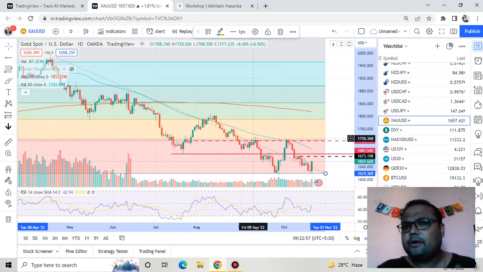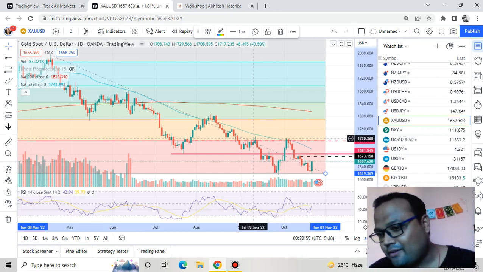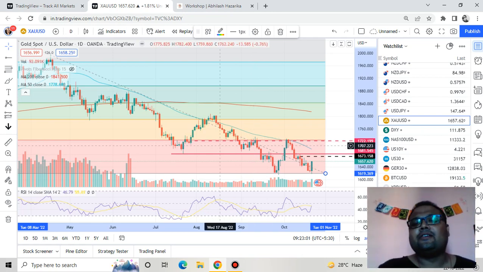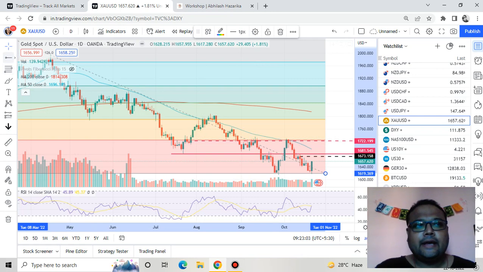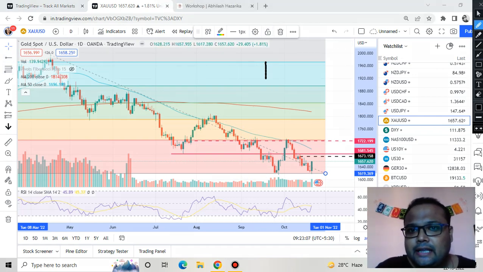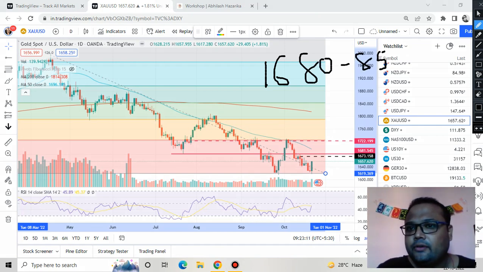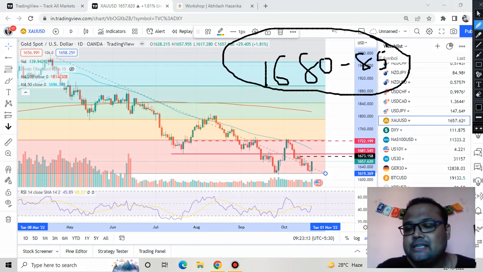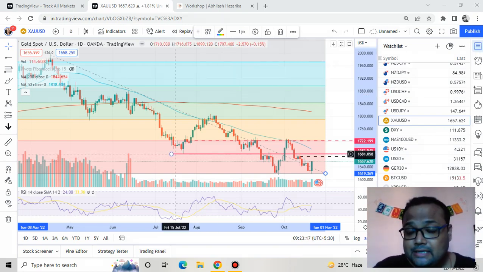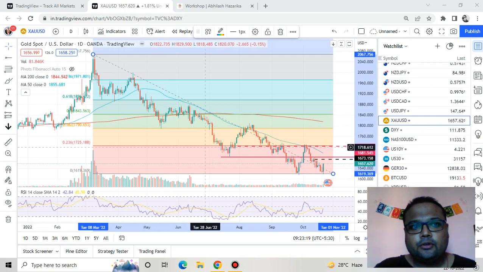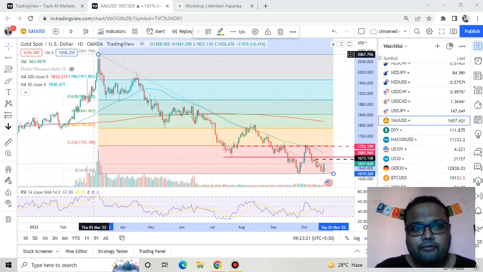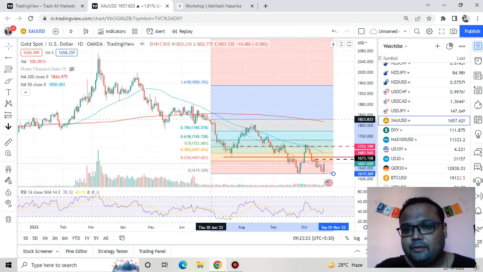But 1720 is quite far away, isn't it? So before that, we may see some resistance around the 1680 to 85 level. Why are we considering this? Because this time we do not have that strong signal of Fibonacci here.